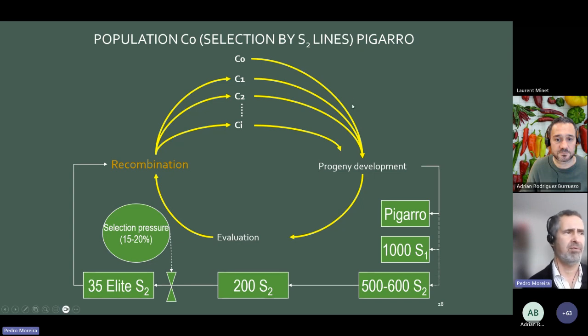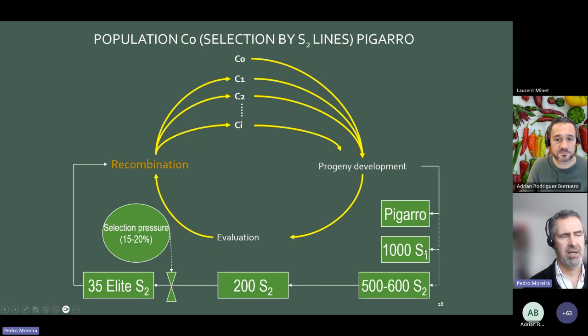So when we self these populations, it means that they are inbreeding and certain genes start to be recessive and some deficiencies start to emerge, even white plants, etc.